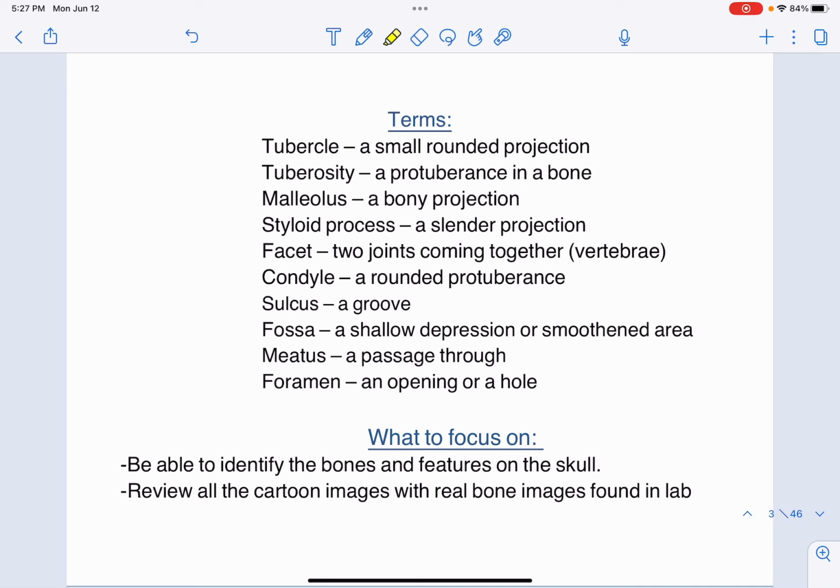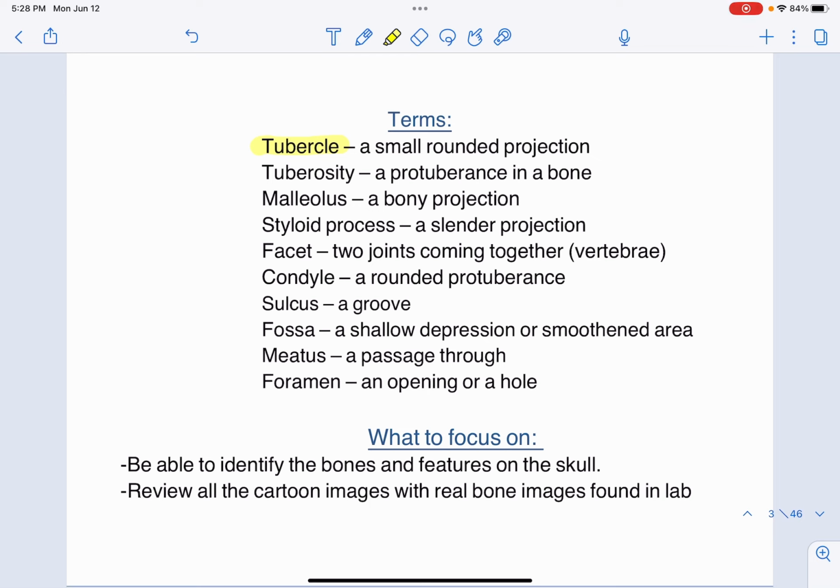So for instance, when we're talking about the features that you will find on bones, you'll often hear me refer to a tubercle. A lot of these have to do with bony protrusions, and there are multiple ways to name a bony protrusion. Some of these are a little redundant, but they still cannot be interchanged.